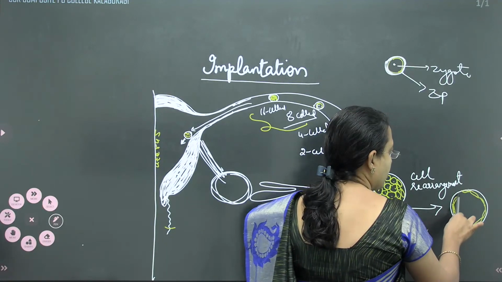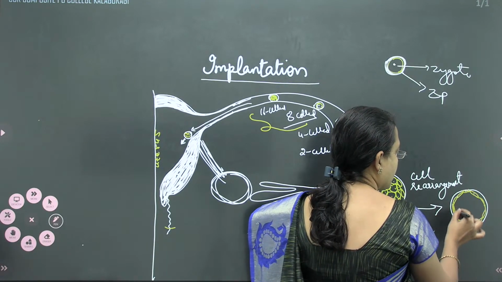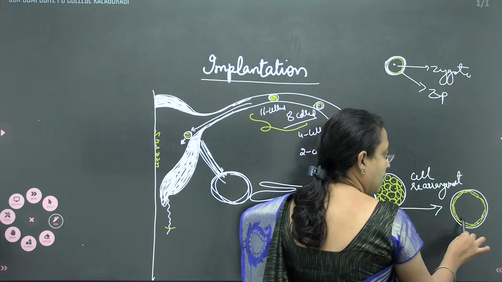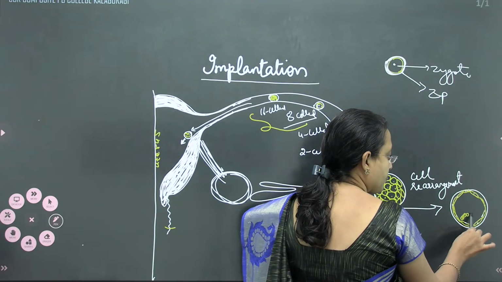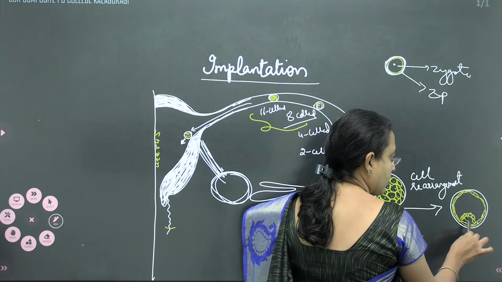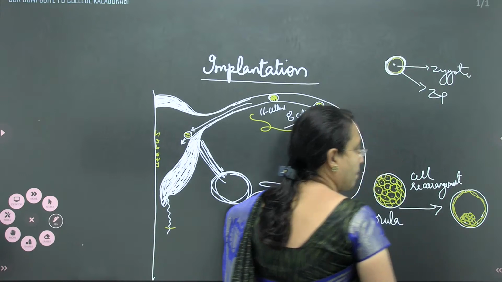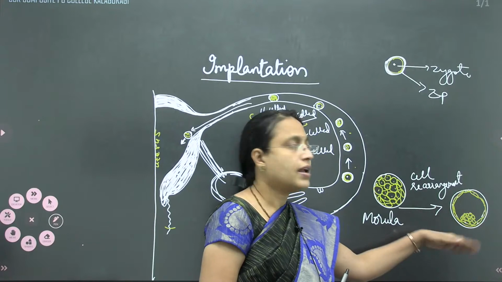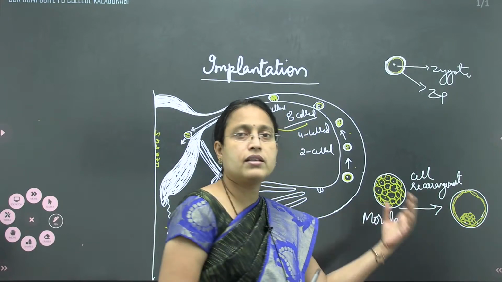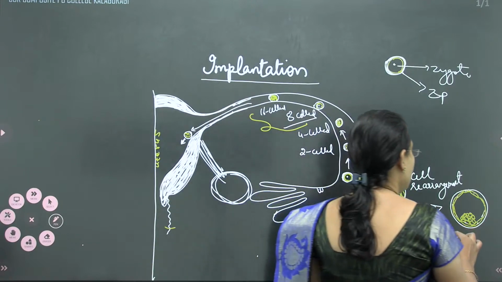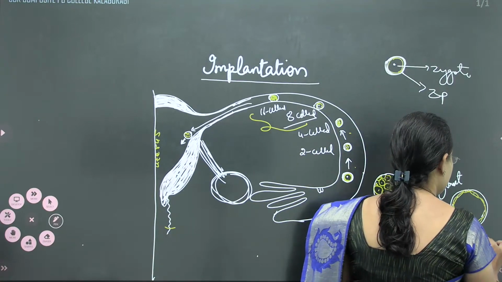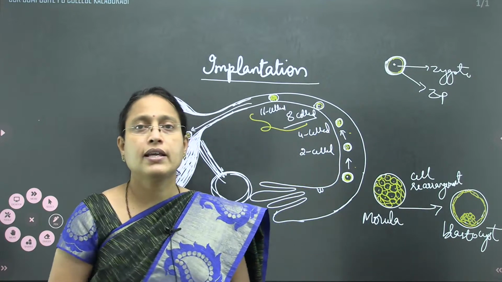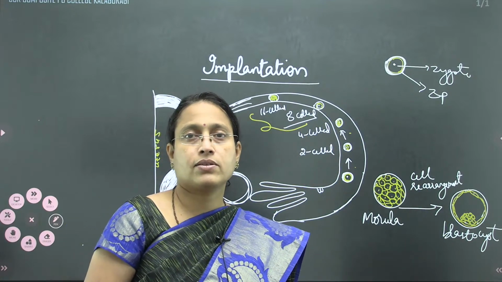Of course, they are all nucleated cells. Some of the cells remain attached to these flat cells. The cells inside arrange themselves and form the next early embryonic structure called the blastocyst.